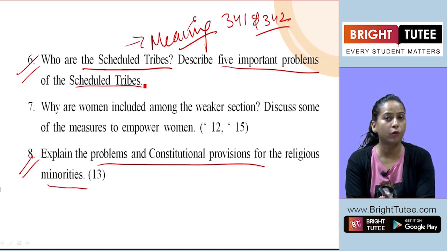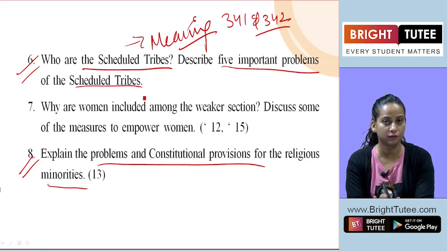So the biggest problem related to these minorities can be related to discrimination on the basis of different factors like their race, caste, religion, the language they are speaking and the place of their birth. And why is this so? Because they don't have the numbers or the population size to protect their interests. Means their population size is very less.